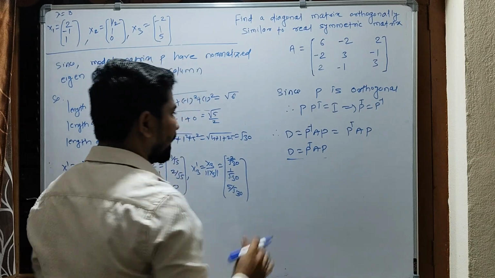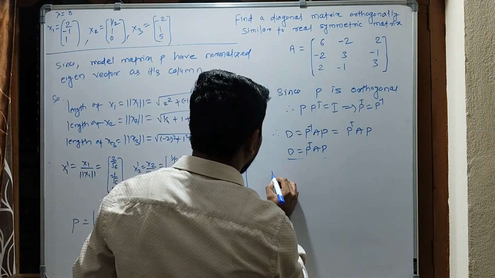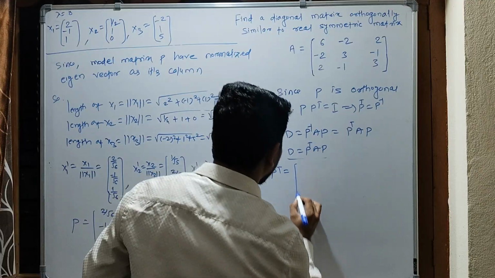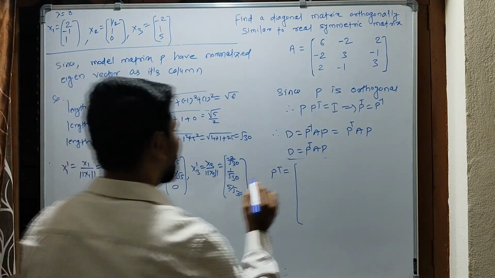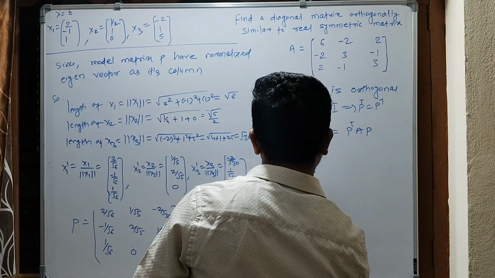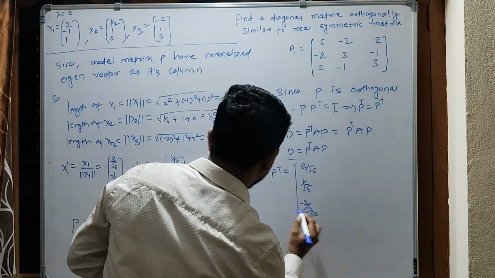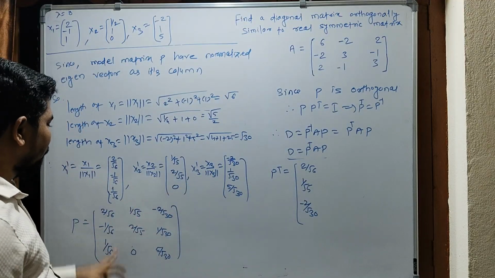So now let's write the P transpose matrix. This is my P. P transpose is 2 by root 6, 1 by root 5 and minus 2 by root 30. The first row becomes the first column.